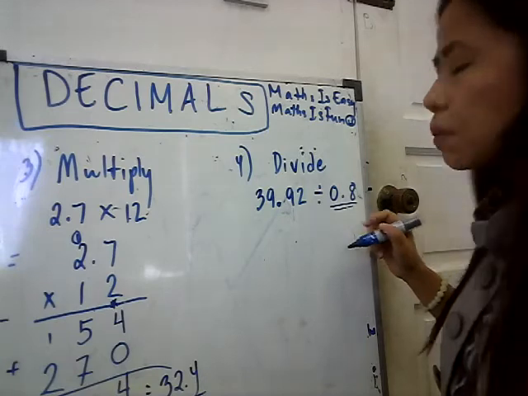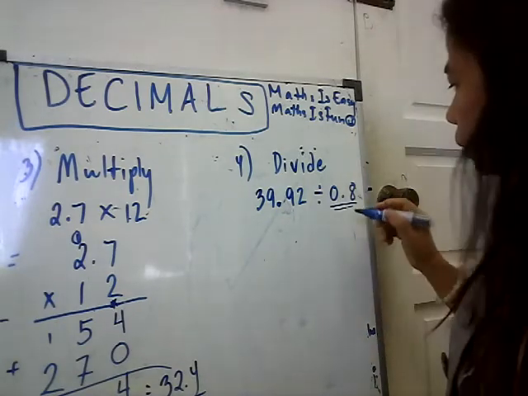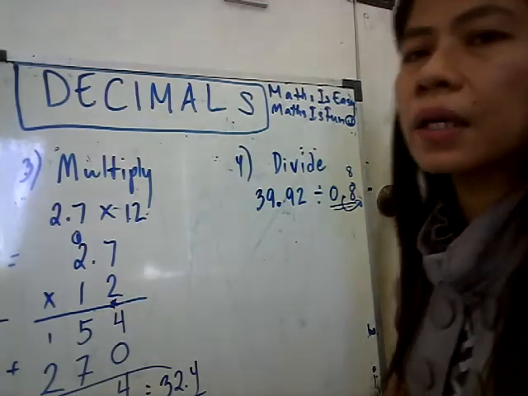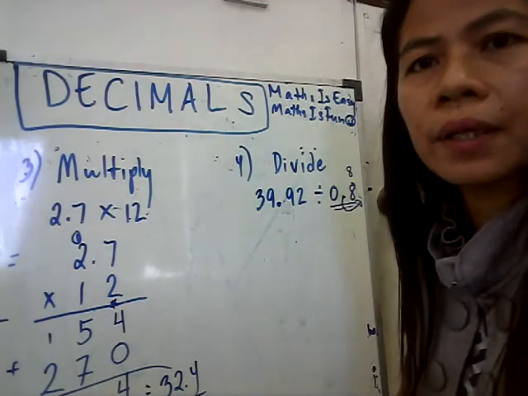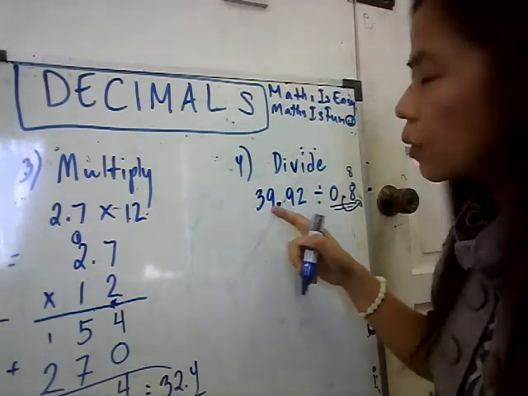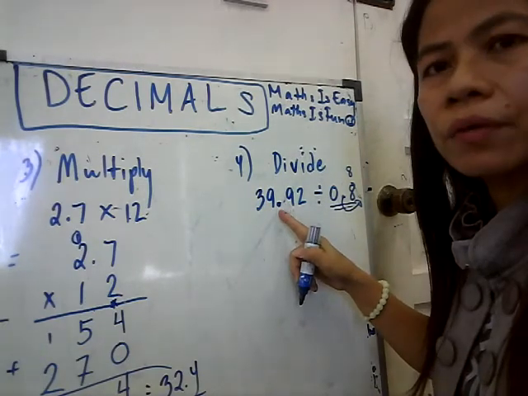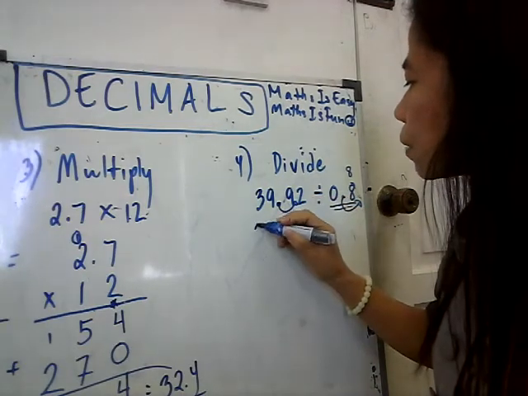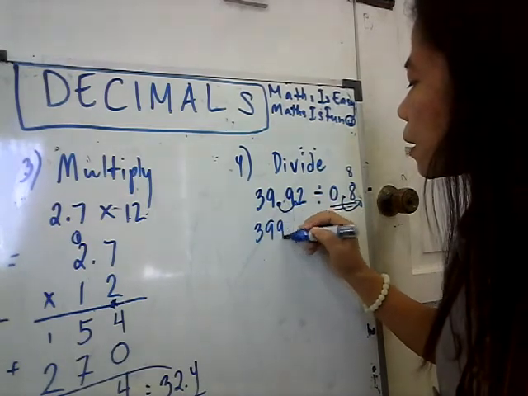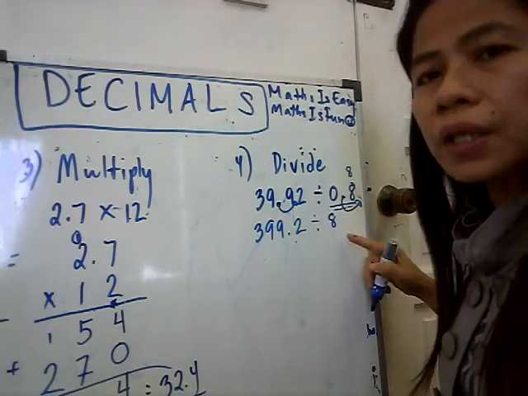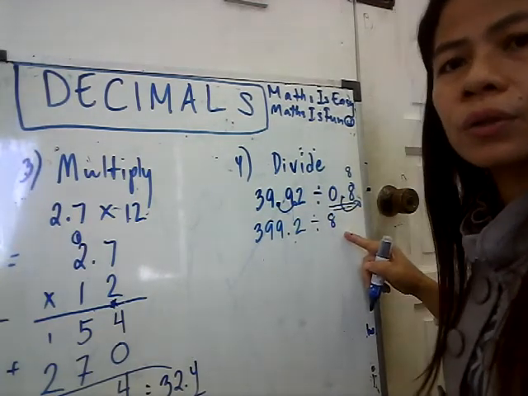So instead of 0.8, we move it to the right, so it becomes 8. Since we moved 1 decimal place to the right, we are also going to move the decimal place of our first number to the right, so that it becomes 399.2 divided by 8. There's no more decimal on our divisor.